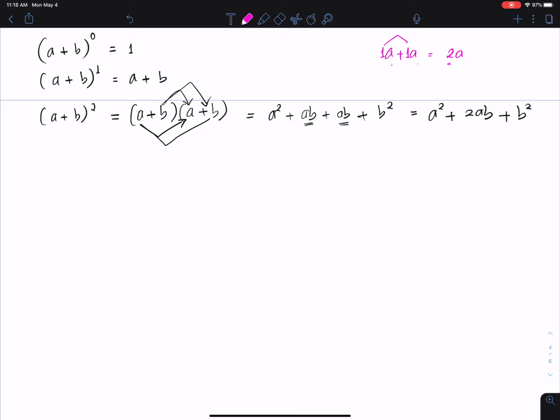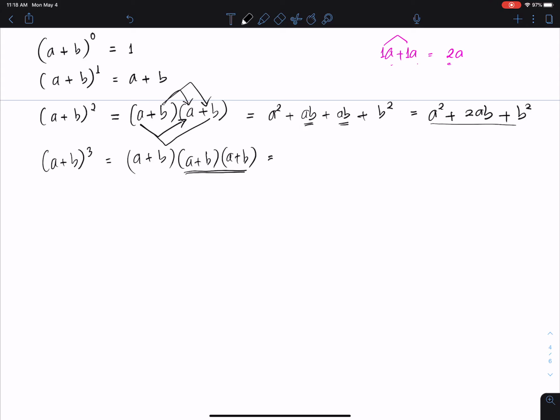Okay, so let's continue. What if we have a plus b to the power of 3? So we will have a plus b times a plus b times a plus b. So over here we already get the result from earlier.